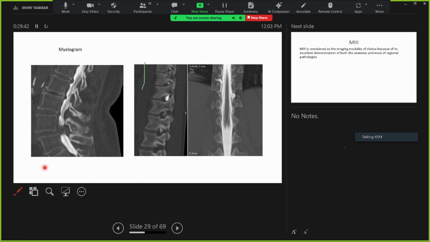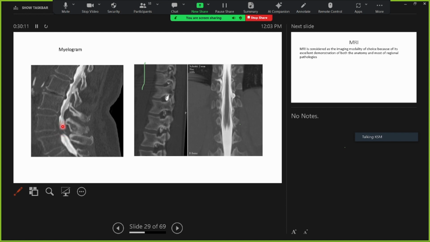So this is the myelogram. Now of course we are not practicing it very much, but sometimes we have to do a myelogram because some patients are contraindicated to undergo MRI, and CT information is also limited. These kinds of patients we do myelogram, either fluoroscopic guided or CT. Here you can see there is a compression of the thecal sac because of the disc prolapse.